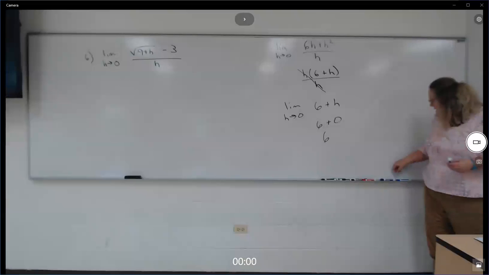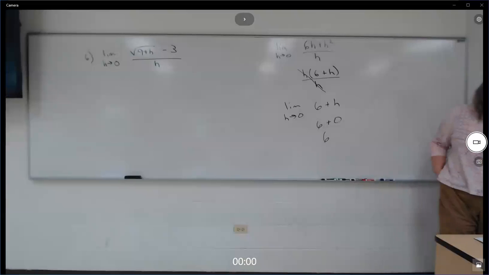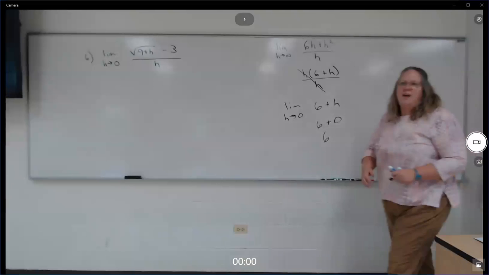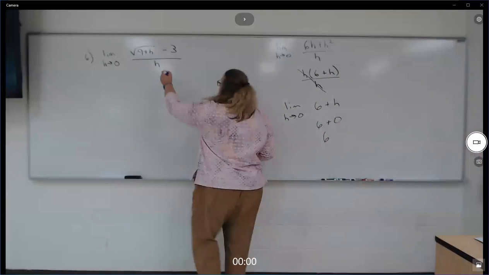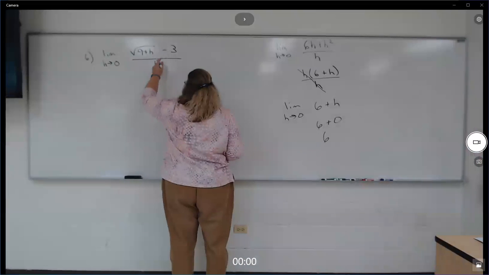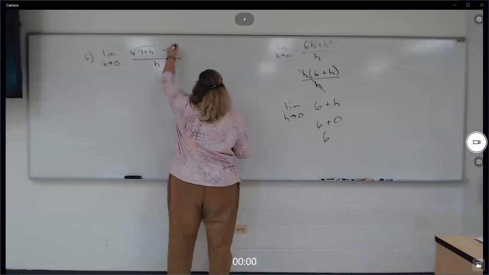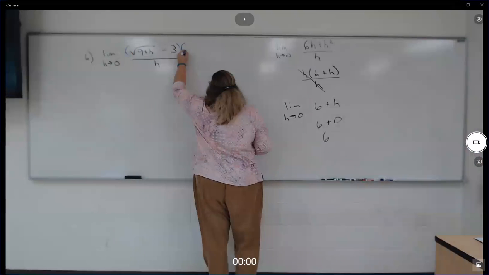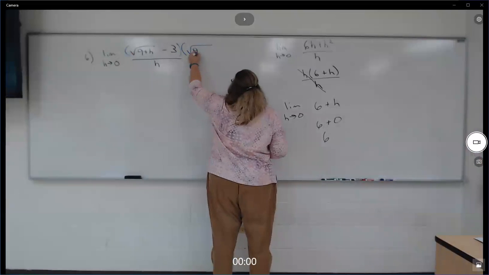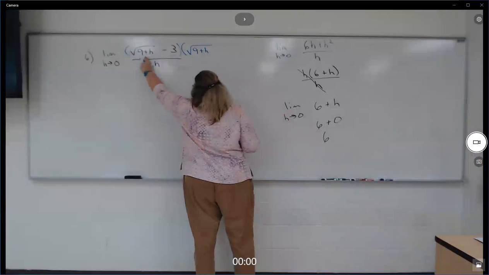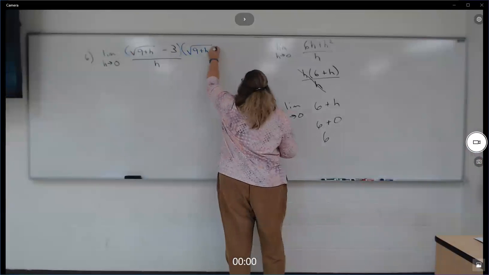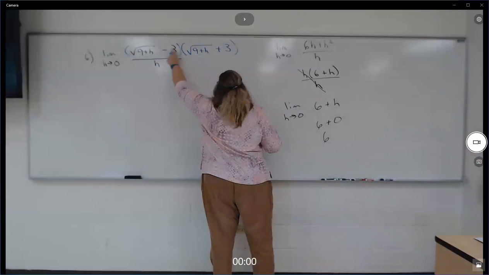This is when you multiply top and bottom by the conjugate. When you've got that radical, and it doesn't matter where the radical is located. If it's on the bottom, you're going to do the exact same thing. You're going to find that radical, you're going to multiply by the square root of 9 plus h, that stays, and then it's plus 3 instead of minus.